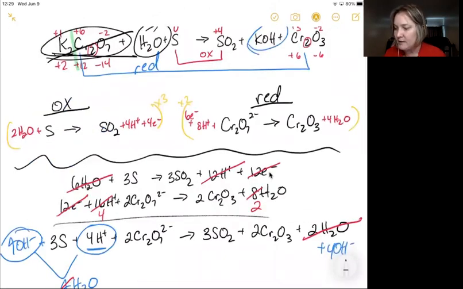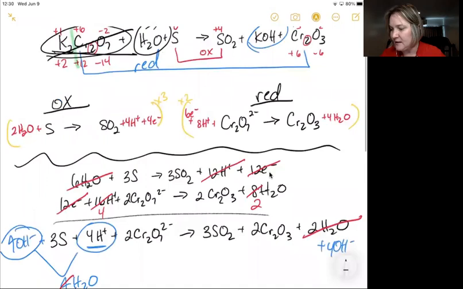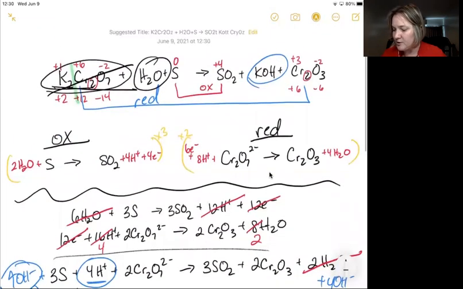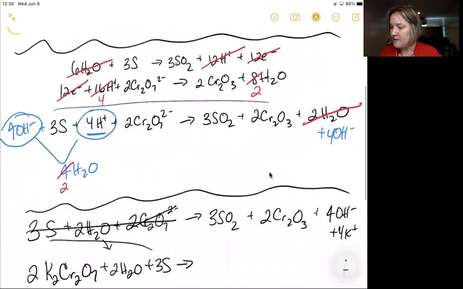Next is water, and that just translates straight down from here. So plus 2 water. Okay, I've done that one already. And then finally is sulfur, which just translates from here, plus 3 sulfur. Okay, so this side is done. Go back up to the top.